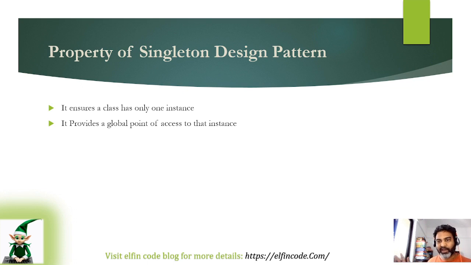Each module might be different, but whenever it tries to create an instance of this singleton class, it will get the reference of the only single class object. So these are the two properties which are very particular to the singleton design pattern. As we go to the practical, it will be more clear.